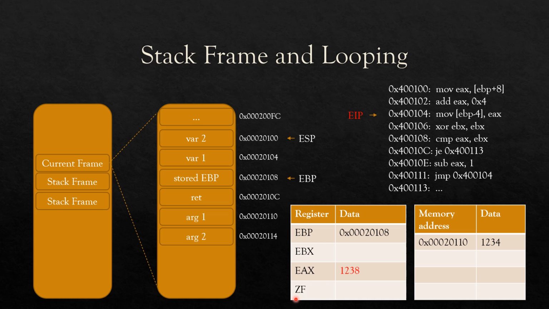So EBP minus 4 is going to be a local variable. So we take EBP 20108, subtract 4, 20104, and then we're going to store EAX at the address of 20104. So we'll execute this, and we can see we have a new memory address we're watching, 20104, and that's equal to 1238, or that same value that was in EAX.